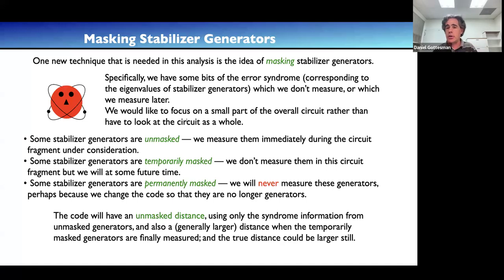We measure them directly, or through a sequence of pieces that we put together to learn that syndrome. But at any given point, there may be some other stabilizer generators that we haven't learned the eigenvalue for. Those are constraints on the code, but we don't know the value of the error syndrome. So those syndrome bits are masked.